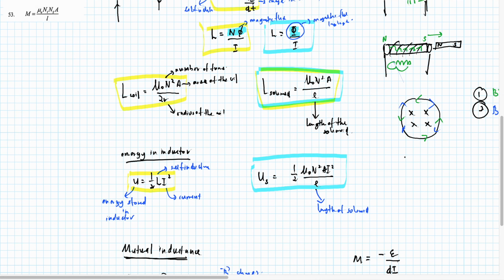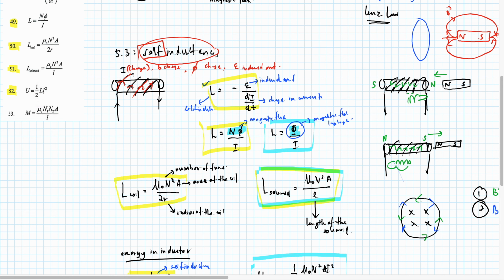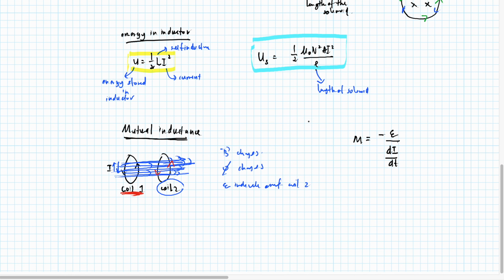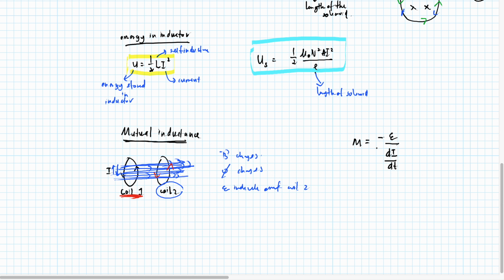It is exactly the same as self-inductance. For self-inductance, induced EMF divided by DI over DT is the self-inductance. Mutual inductance is the same. However, if I want to find the mutual inductance at coil number 2, because coil number 2 is the one that feels the mutual inductance, the current that changes is in coil number 1. If I want to find the mutual inductance at coil number 1, it equals induced EMF over DI over DT, where coil number 2's current is the one that changes, so this becomes number 2. The changing current is the current of the other coil, not its own.